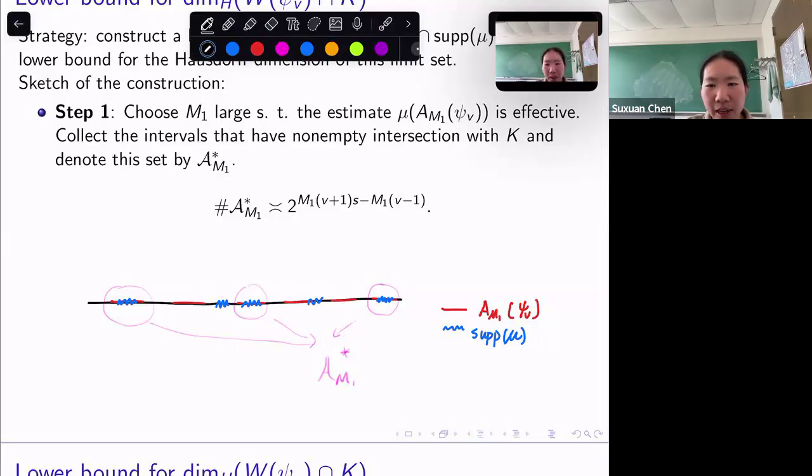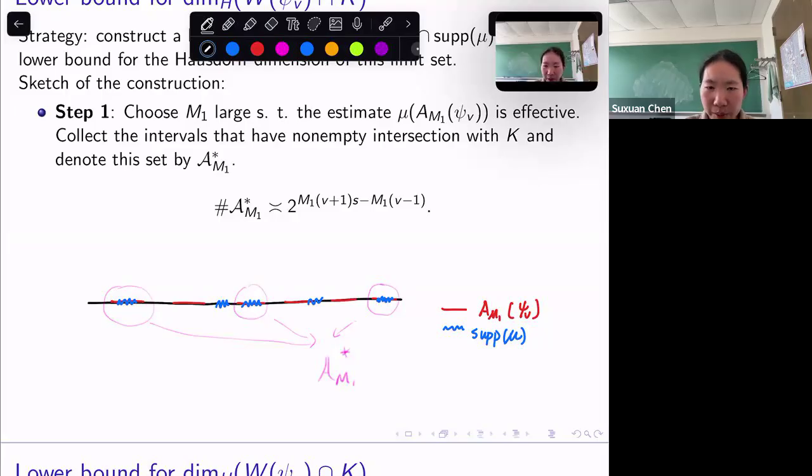So here I draw the real line, and the blue curvy lines denote the support of mu, which are the concentration of points inside the self-similar set. And the red intervals are intervals in the set A sub M1 psi V.